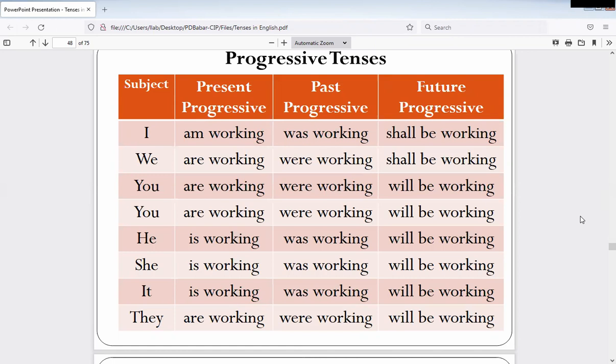For simple tenses also we have discussed the charts.